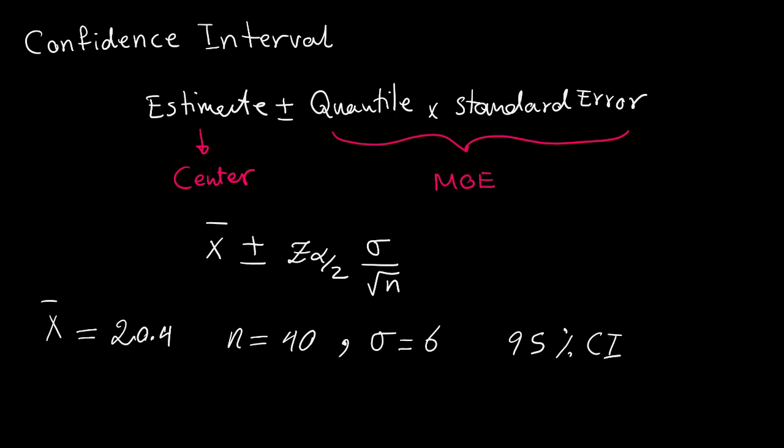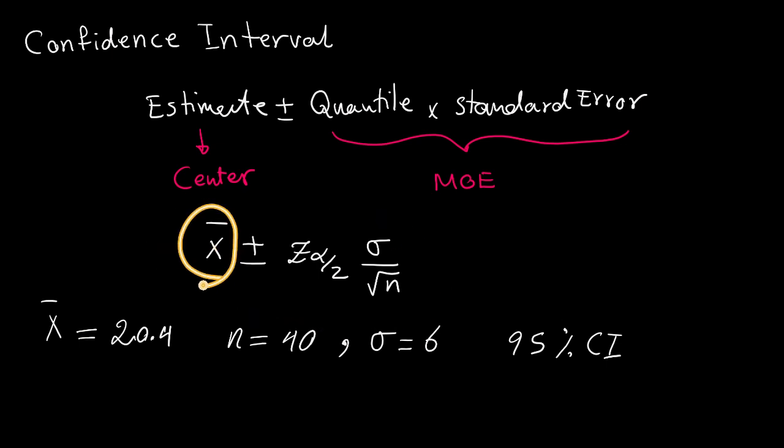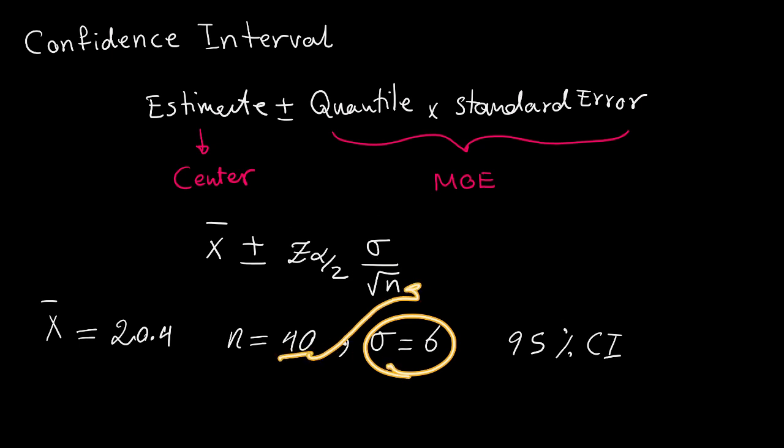How can I have the confidence interval? I need the center, which is the sample mean, and then I need z of alpha half times standard deviation over the square root of n. I know the standard deviation. I know n equals 40.